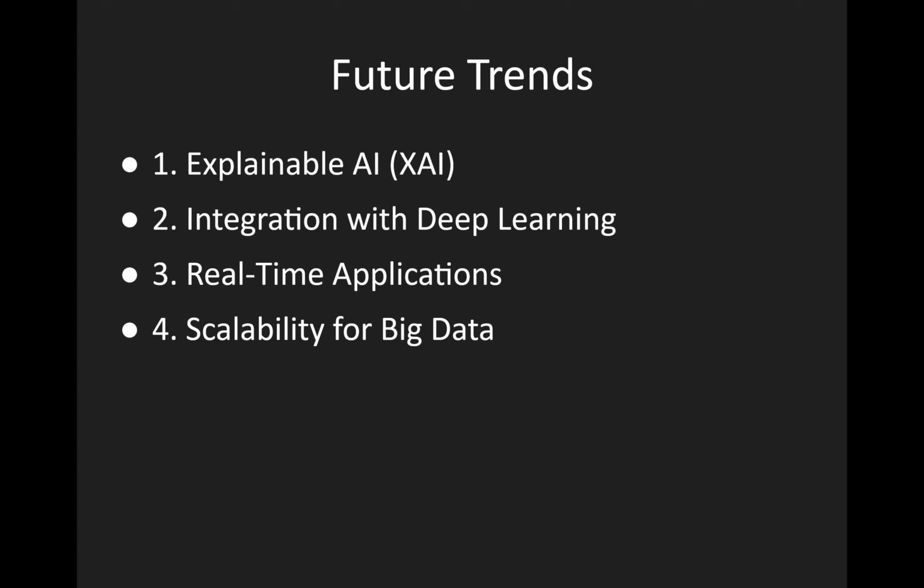And in real time applications, implementing regression in IoT and real time decision systems. And in the last, scalability, which is enhancing algorithms to handle big data efficiently. So future advancements will continue to expand the applicability and the efficiency of regression models.